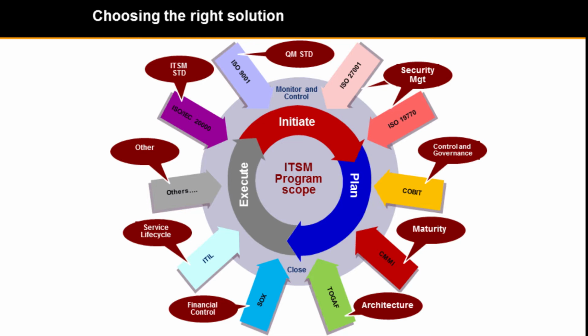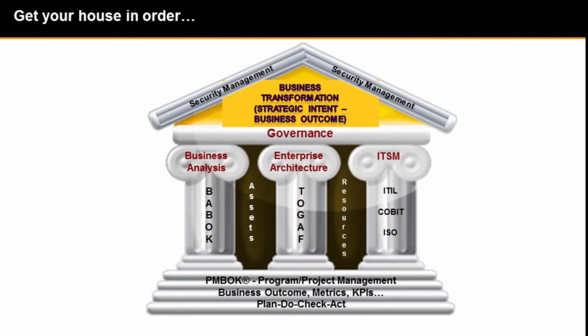If you want to ensure that you have proper governance and control, you will need something like COBIT, in addition to the enterprise architecture framework that you have in mind, and specifically what we're talking about here is TOGAF.